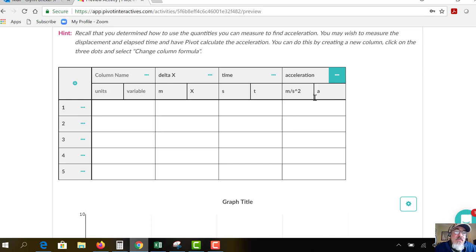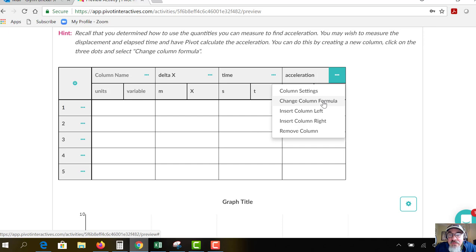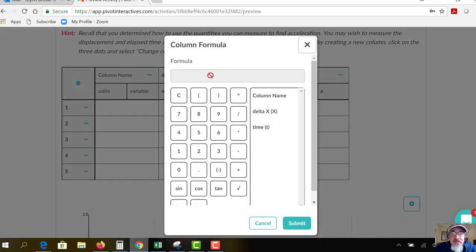Now you could do it on a piece of paper manually and just enter the numbers here, or you could let this program do it for you. If you click the 3 dots here, change column formula, you could enter the formula here, however you want to do this. I don't want to give too much away. You could use the stuff over here, put the formula here, press submit, and it'll do all the calculations for you.